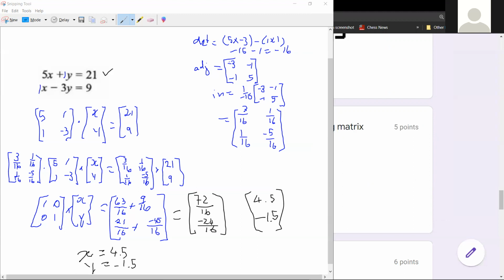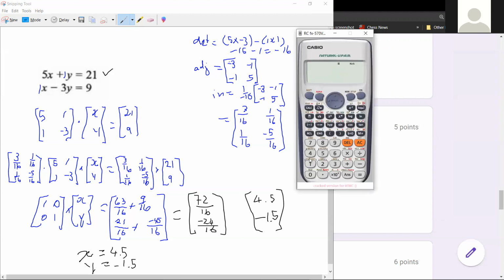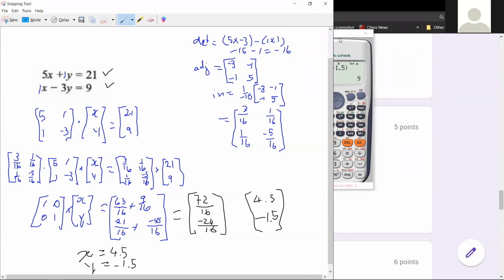But we know the answer will be the same. So that calculator is not correct. So I have 4.5 minus bracket 3 times minus 1.5 bracket, and that should give me 9, which is also correct for the second one, right?